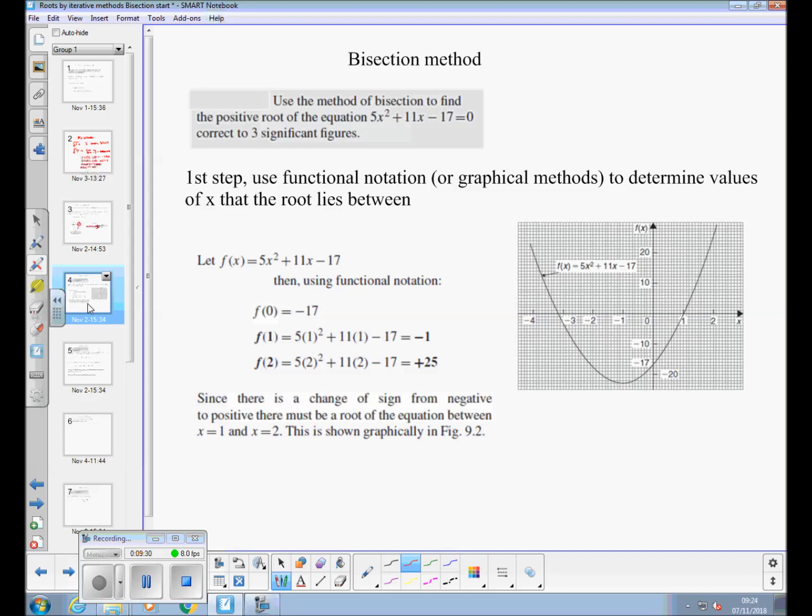So, we're going to use the bisection method to find the positive root of the equation 5x squared plus 11x minus 17 is equal to 0. So that is the function graphed. We're looking to find the value of this positive root here.